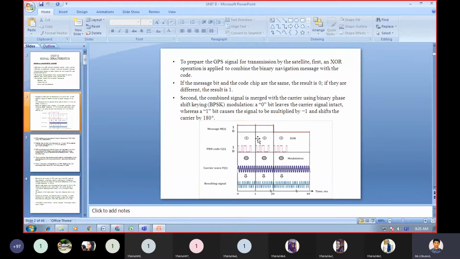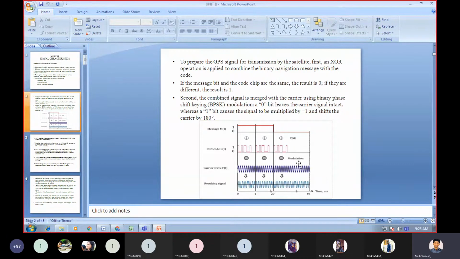Here we have a phase shift of the carrier by 180 degrees, and that is why we multiply by -1.